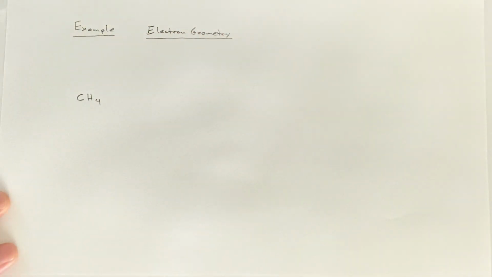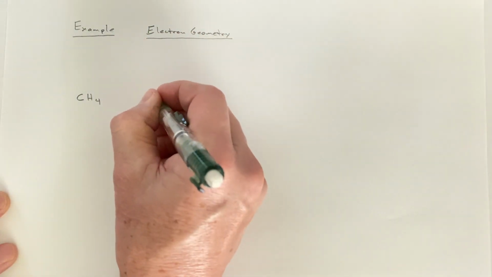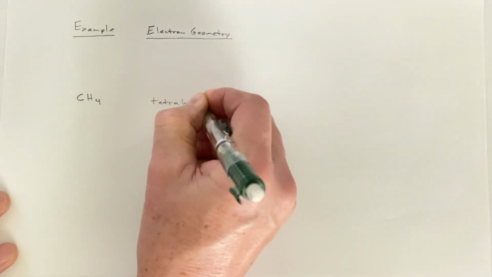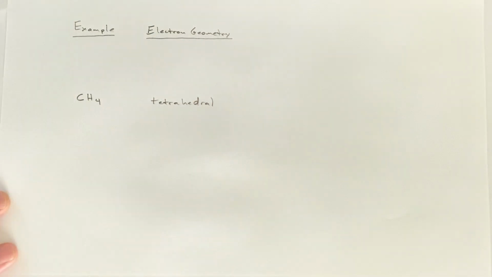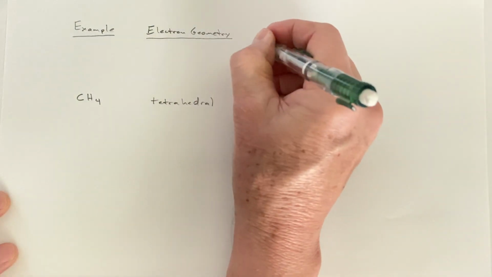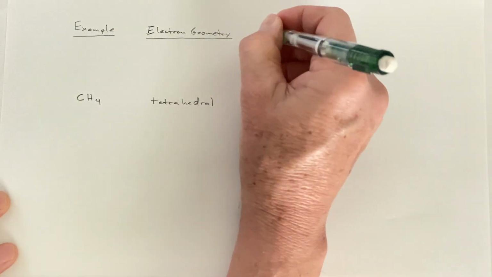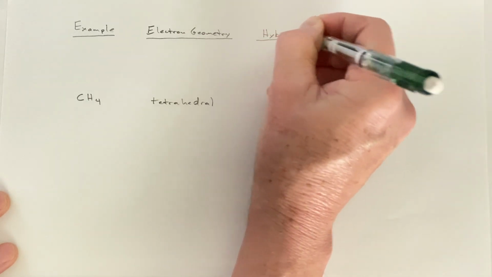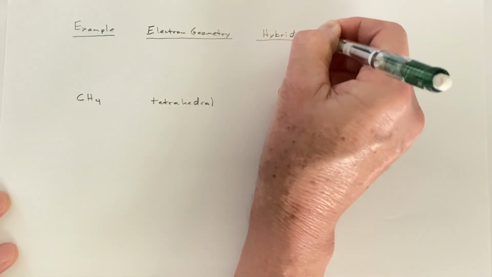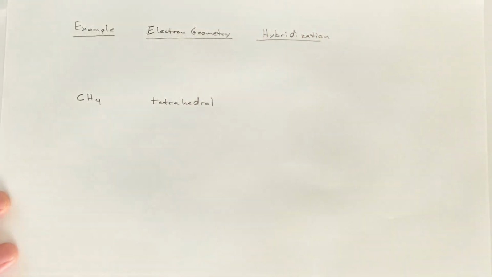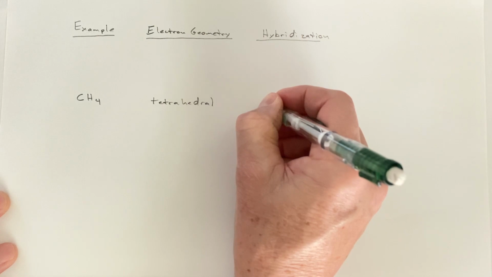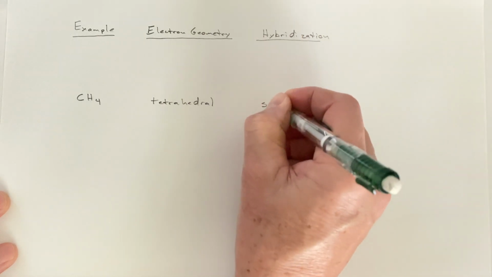And in methane, the electron geometry is tetrahedral. We just ascertained that the hybridization of the carbon in methane is sp3.